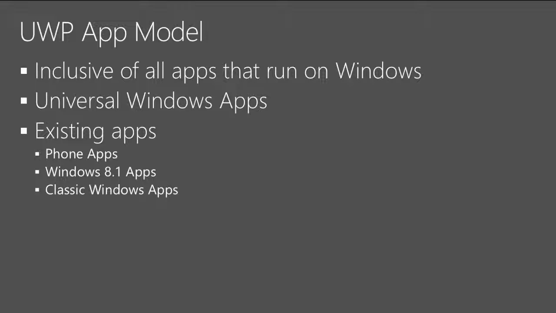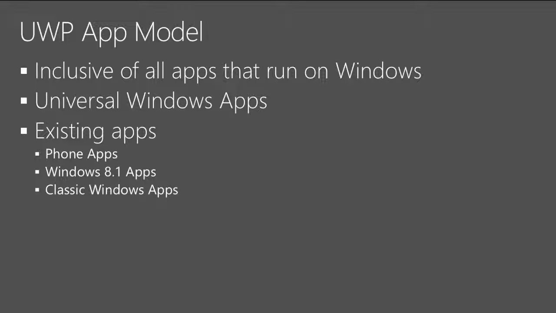So we described it for everything, including all the apps which run today on Windows. So we have the new Universal Windows apps, of course, but also the existing ones, the phone apps, the Windows 8 and 8.1 apps, but also the classic Windows apps. What are classic Windows apps? Apps where, well, you might know them as desktop applications, desktop software, Win32, WPF, VB, Java, WinForms, all that stuff which is already out there, and you guys probably wrote a lot of that stuff, and it's going to be there for a while as well.